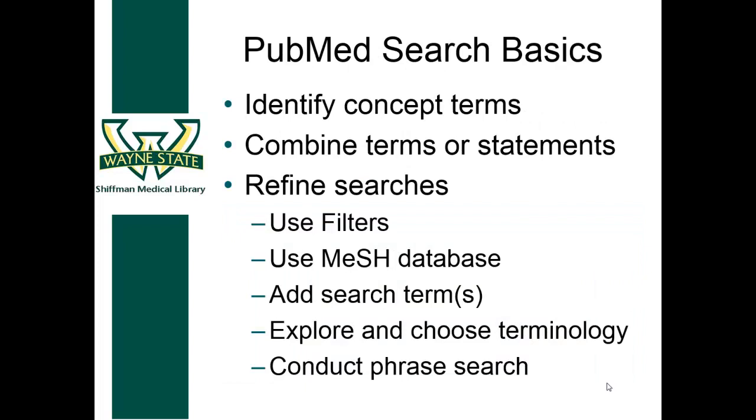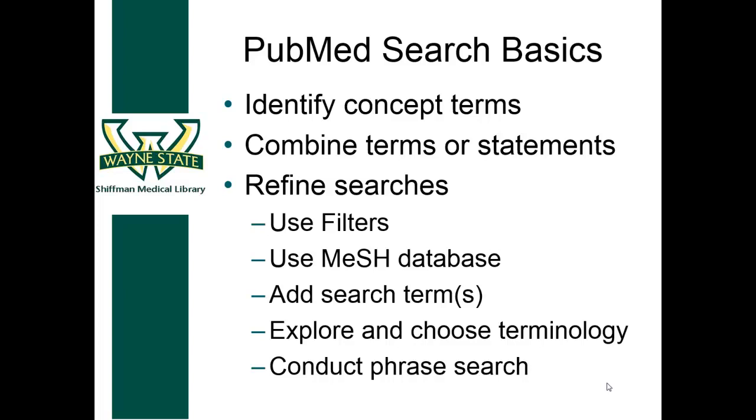In PubMed search, you need to identify concept terms, then combine search terms or statements using Boolean operators like AND, OR, and refine your search if the results are not satisfactory.